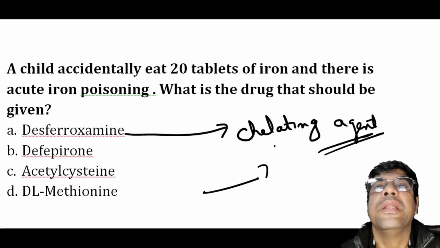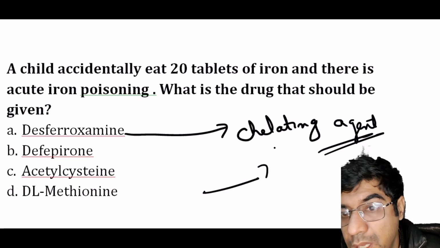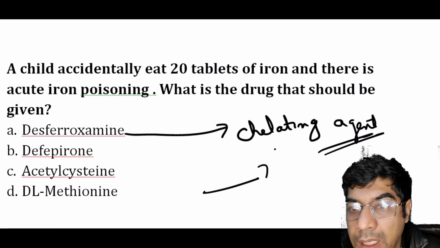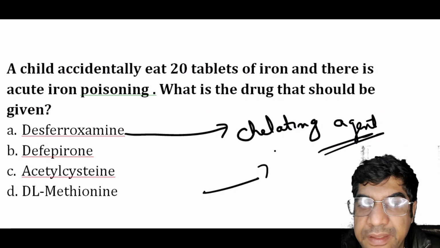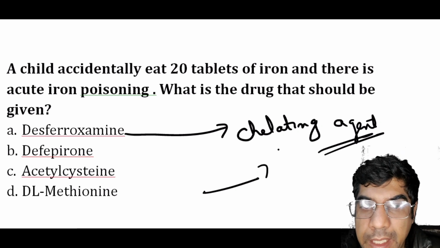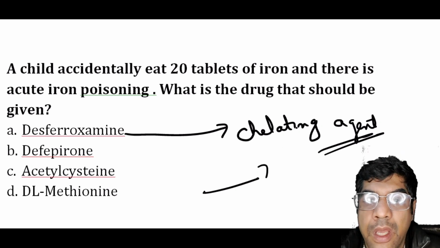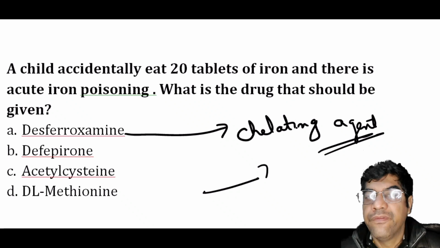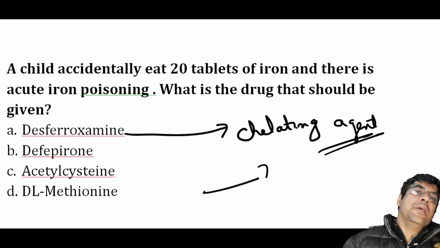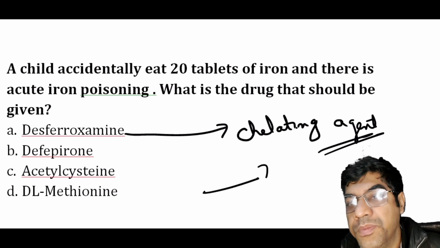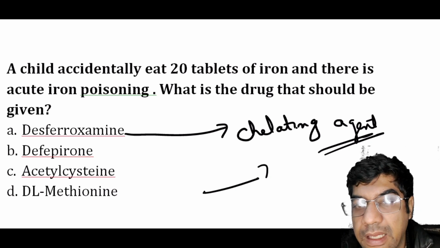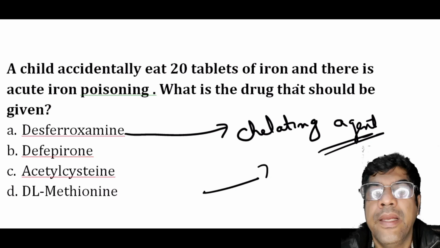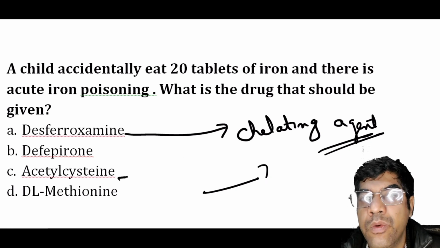The second option is deferiprone. While deferiprone is used to remove excess iron in the body, particularly in individuals who have received numerous blood transfusions for conditions like thalassemia. Option C is acetylcysteine. It is not the appropriate treatment for acute iron poisoning.